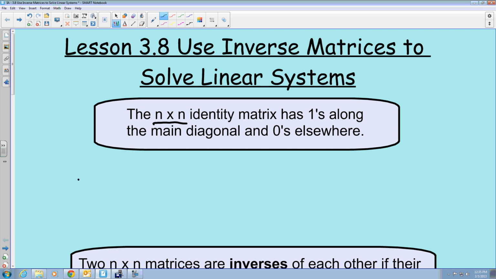So let's say I call this I, the identity, and I have a 2 by 2 matrix, it would look something like this. I would have ones along the main diagonal and then zeros elsewhere.